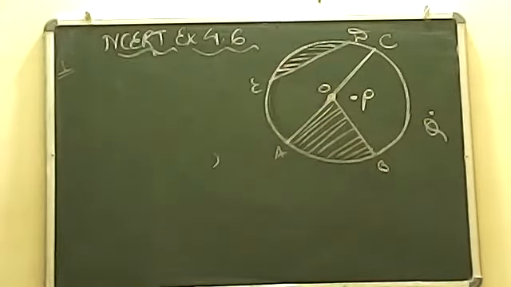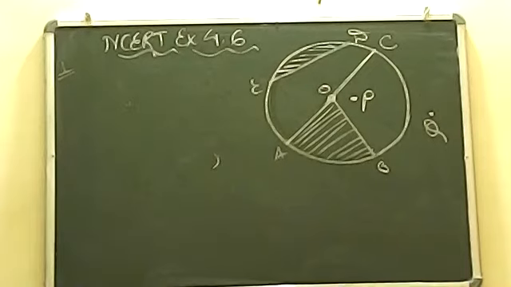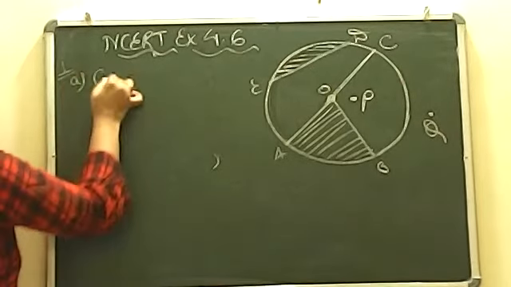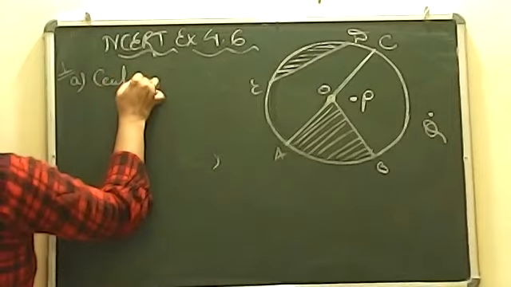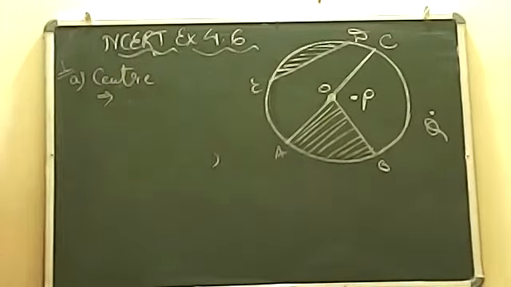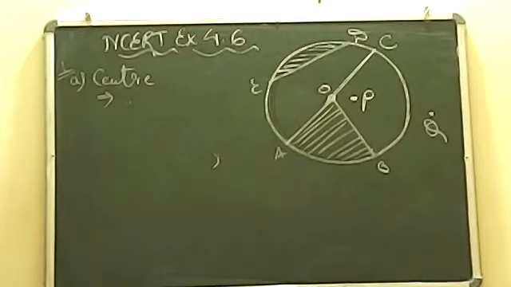Fine. Now let's begin this question. What is asked one by one? First of all, in this question it is asked, you have to tell the center of the circle. So students, please be alert on your chat box. Can you please tell me what center you find in this figure?